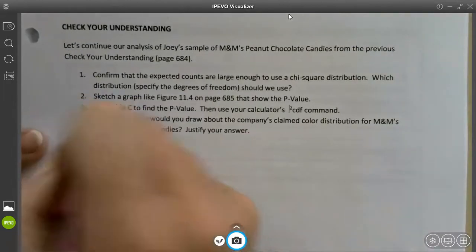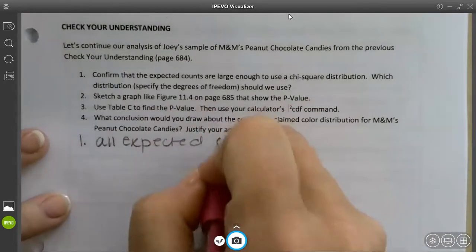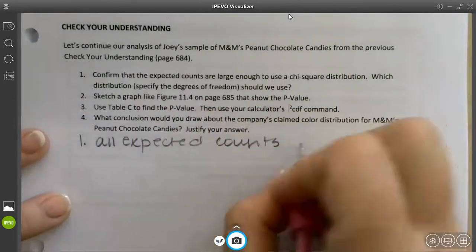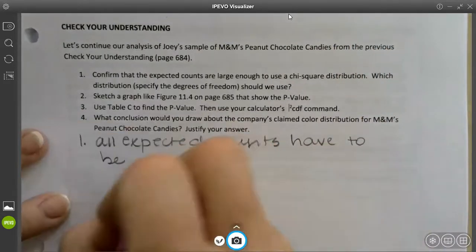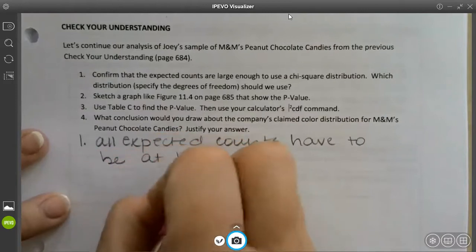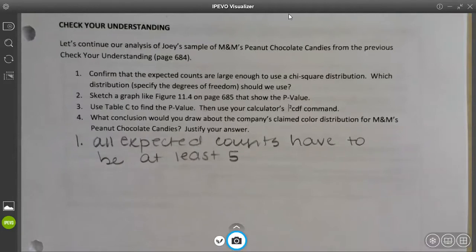So to do this, all expected counts have to be at least 5. And that's not just on the M&M problem, that is always.